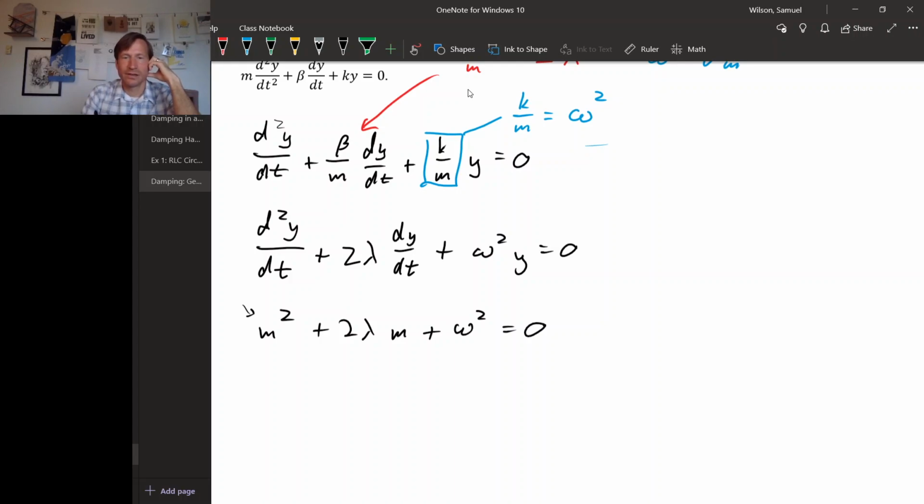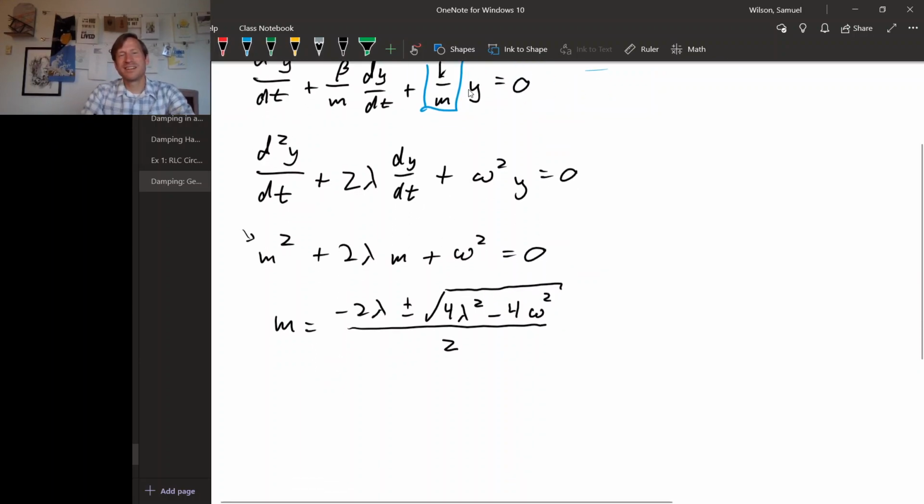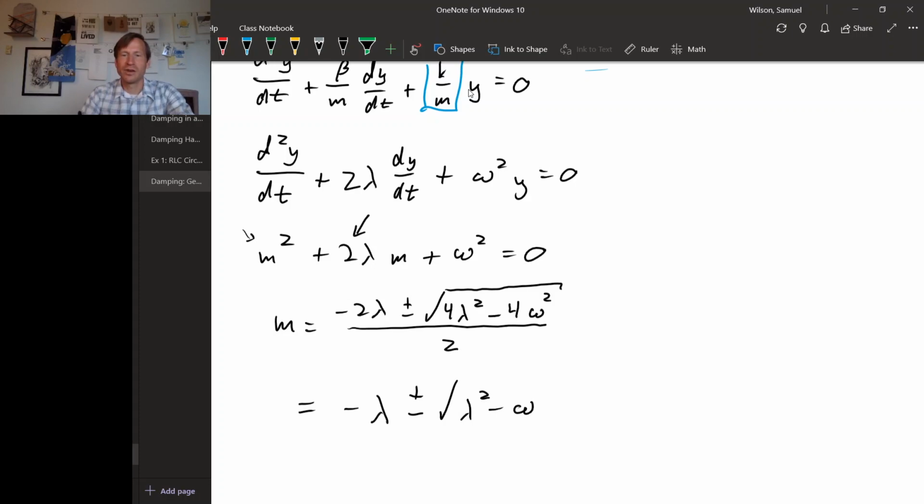And using the quadratic formula to find m, we get minus 2 lambda plus or minus the square root of 4 lambda squared minus 4 omega squared, all over 2. And now you can see why it's nice to have a 2 lambda here instead of just lambda. We can factor out a bunch of 2's and simplify the whole mess, and we get minus lambda plus or minus the square root of lambda squared minus omega squared.